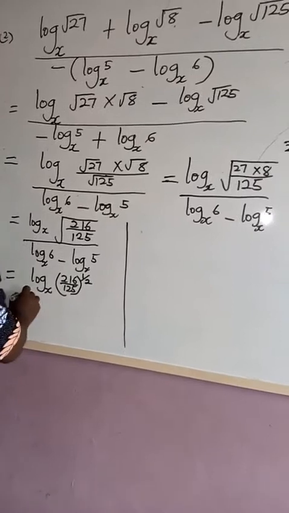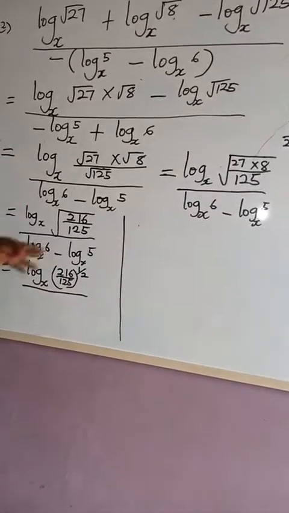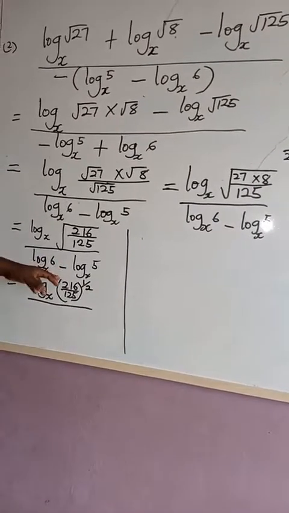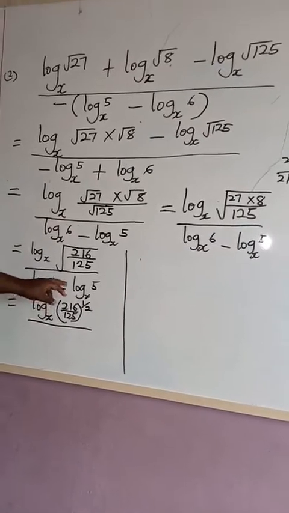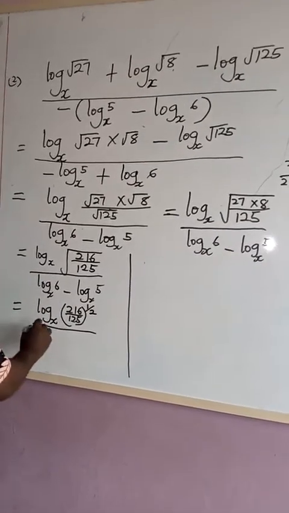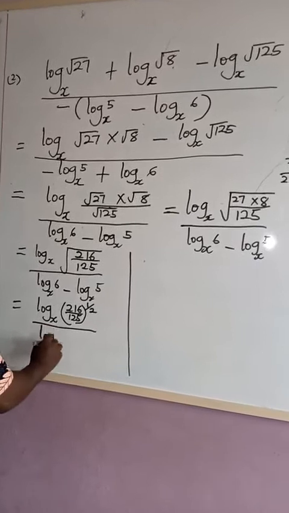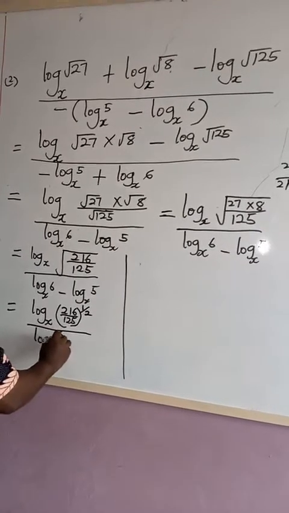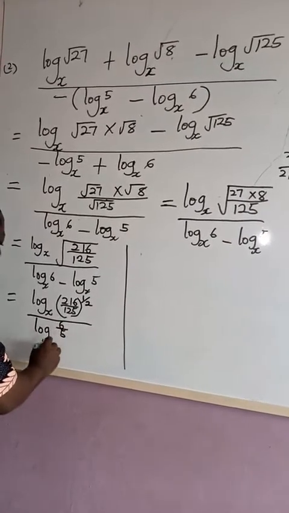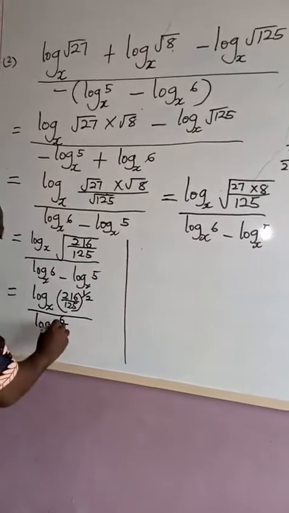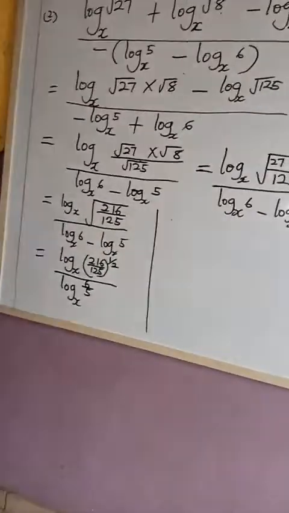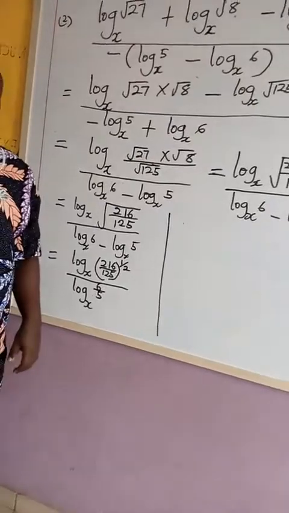Then all over. Now let's quickly apply one of the laws of logarithm to simplify this. This is equal to logarithm of 6 divided by 5 in base x.